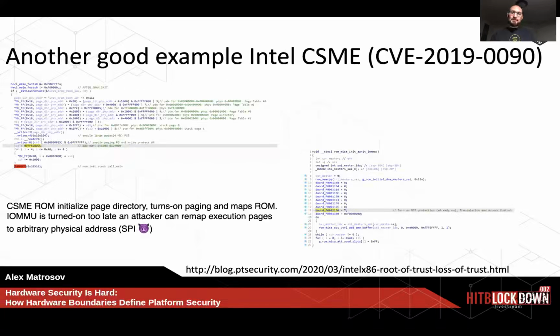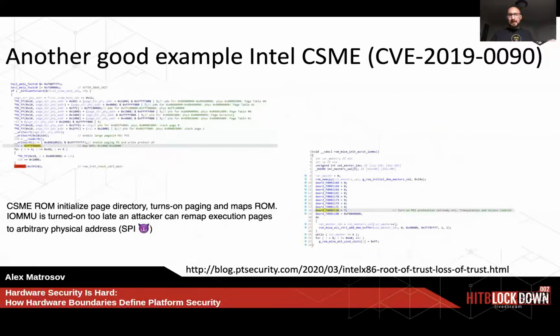Another good example is the Intel CSME issue from 2018, which initializes the page directory, turns on paging, and maps the ROM for CSME. It's a small piece of code which is immutable and basically unpatchable in case of issues.